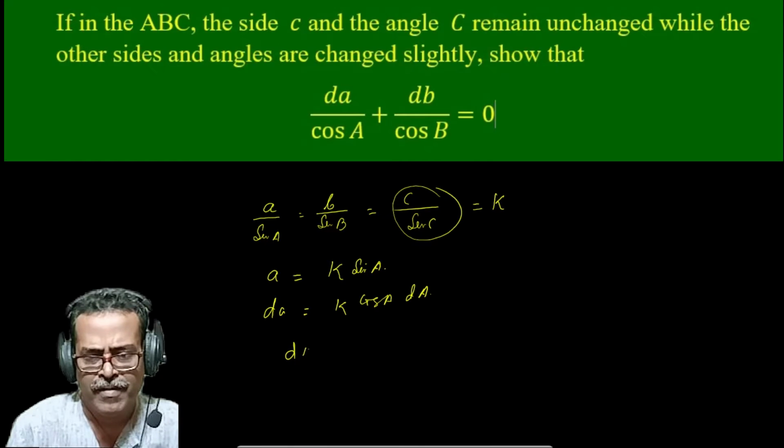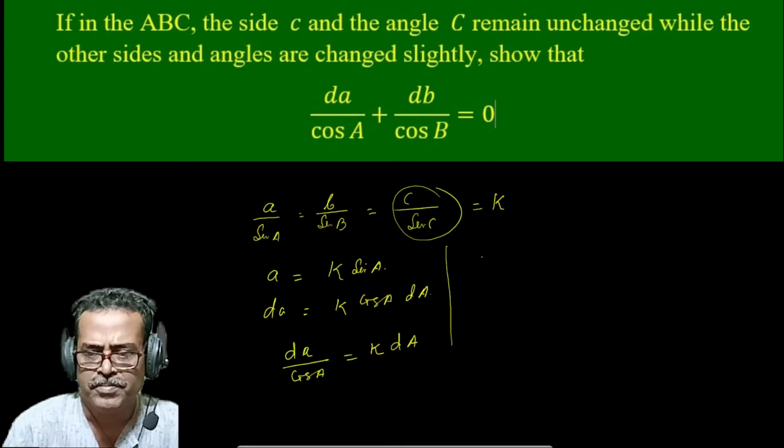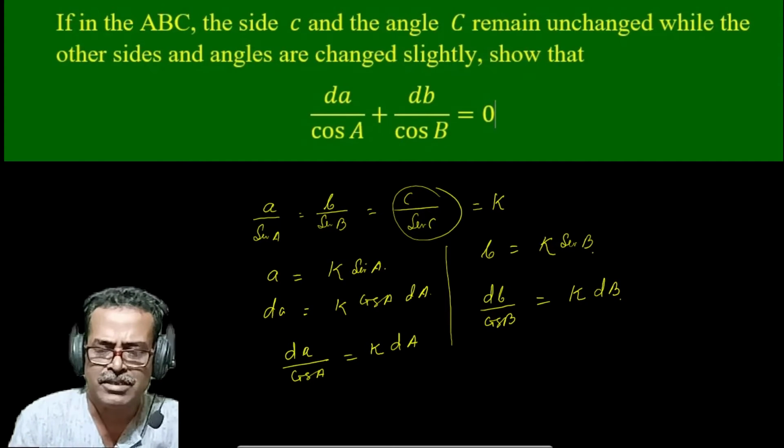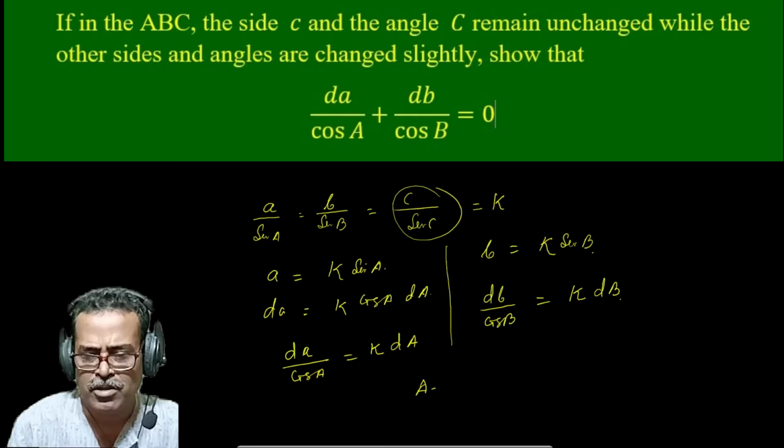So da by cos A is equal to K into dA, and b is equal to K into sin B. So from this, db by cos B is equal to K into dB. Since C is constant, A plus B is also constant.